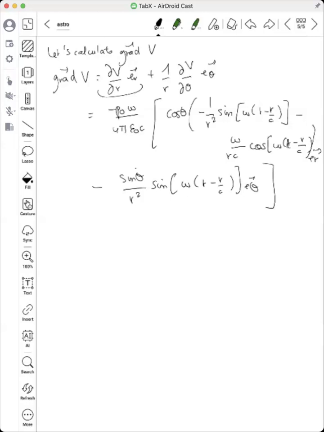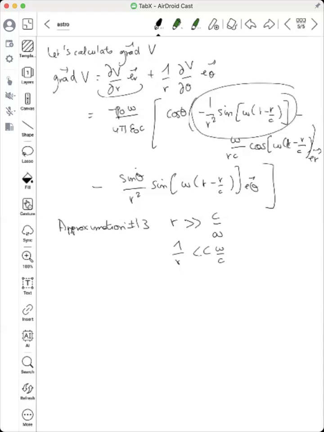And I remind you that approximation number 3 was to say that r is much bigger than c over omega. Okay, so 1 over r is much smaller than omega over c. And so I'm able to neglect this term, which is going to be much smaller than this term here, right? If I call this A, we can keep A only, right?